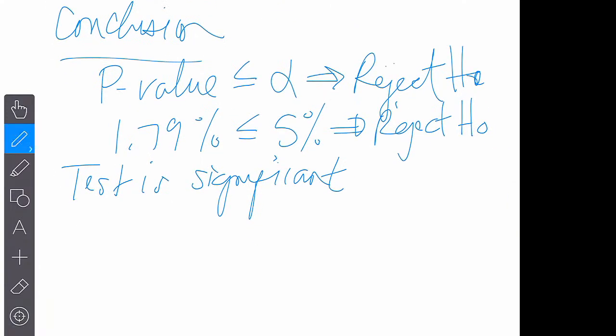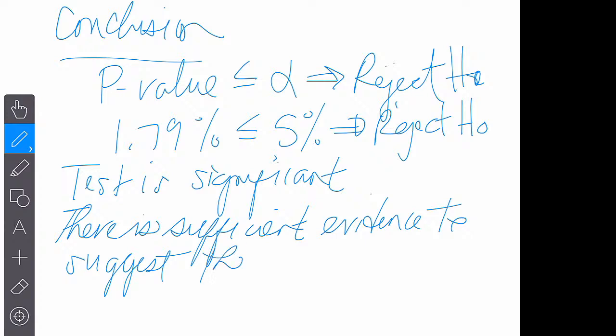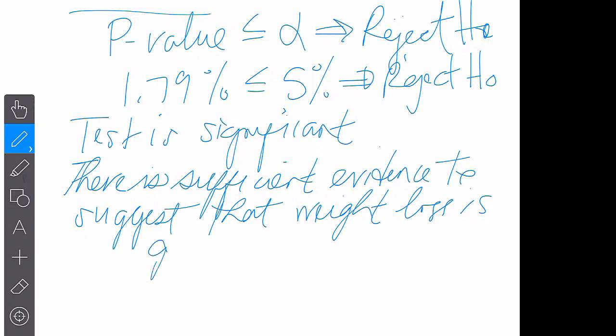We can write: there is sufficient evidence to suggest that weight loss is greater than 22 pounds on average.